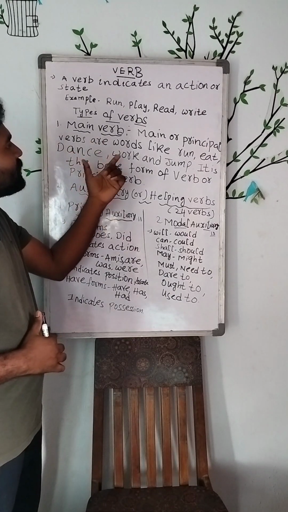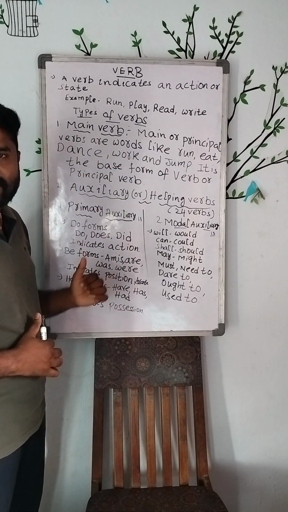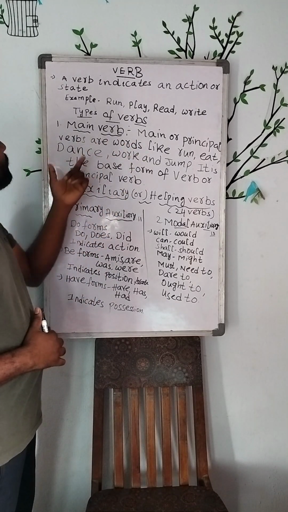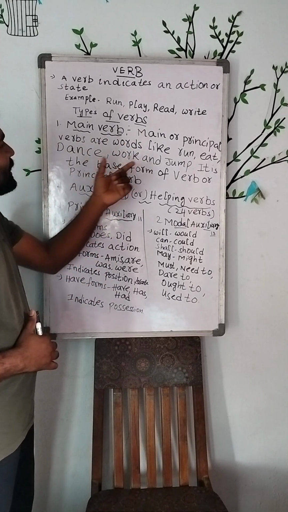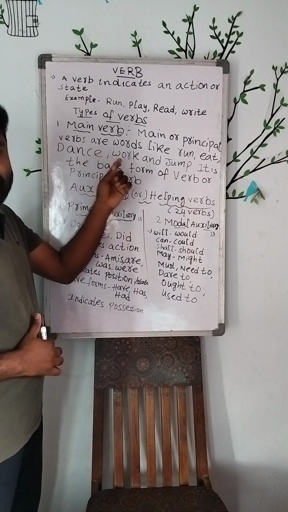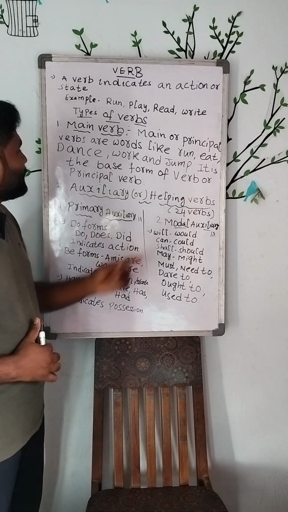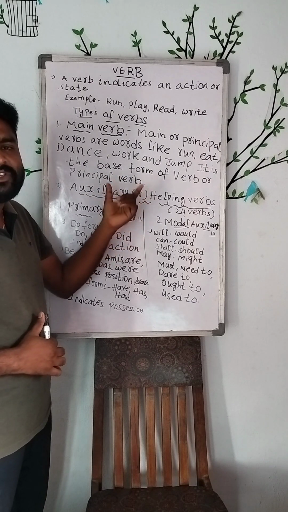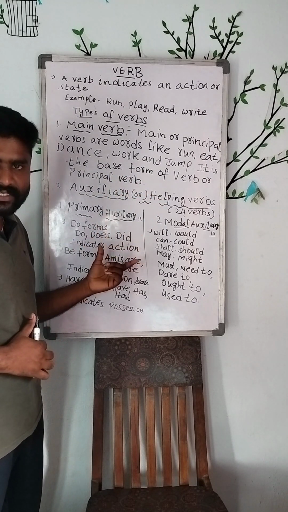The main verb is also known as a principal verb. Main verbs or principal verbs are words like run, eat, dance, and jump. These are all the main verbs, which show an action in a sentence.